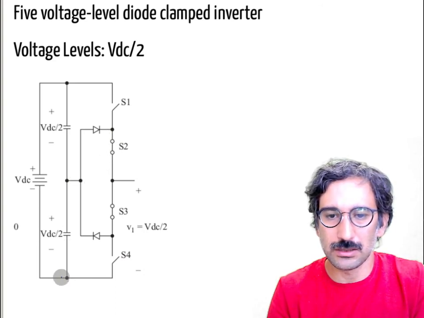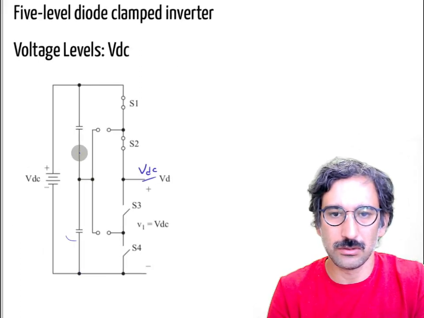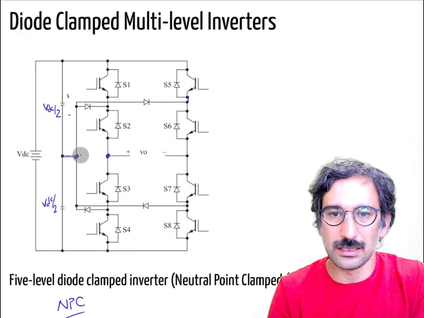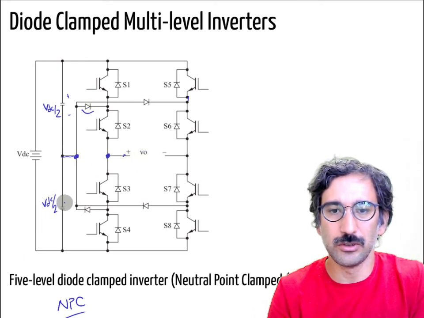Why? Because I have VDC over 2, so if current is flowing in that direction, remember that at that point I have this diode, so now it can flow that way. If it flows in that direction, then that point will be VDC over 2.